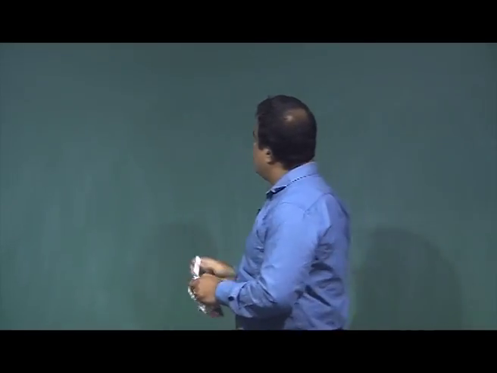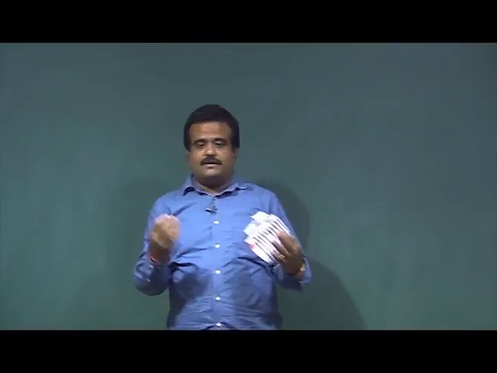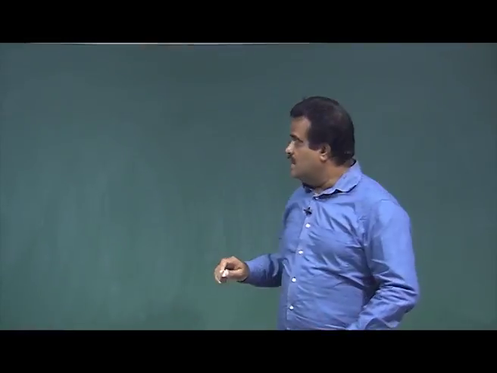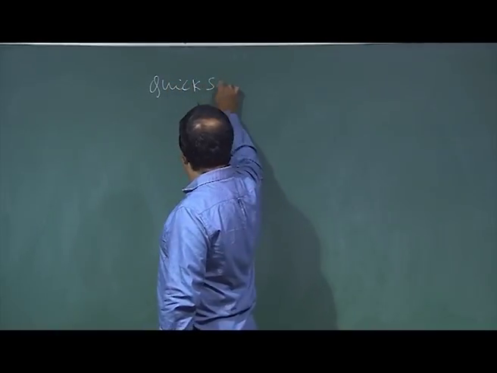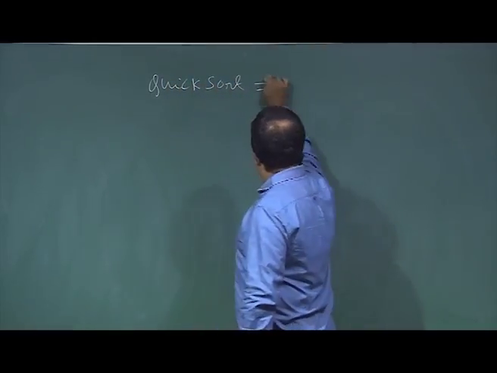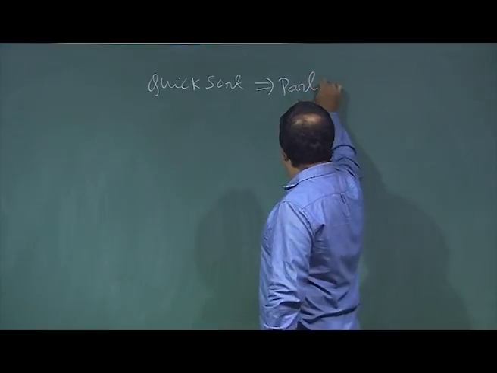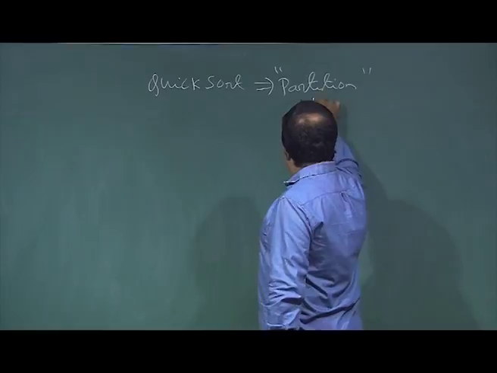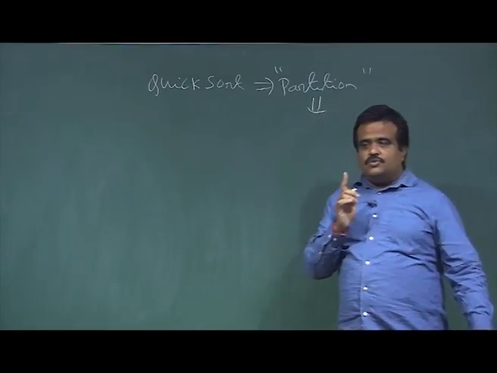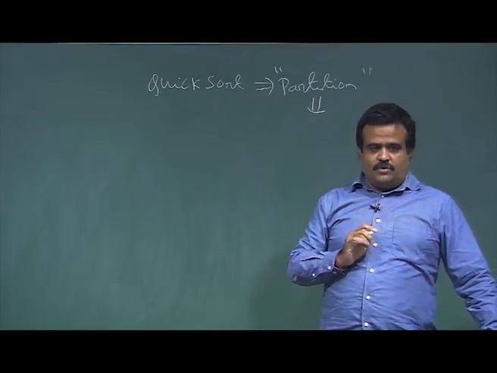Suppose we have a quick sort version, and we have the corresponding partition algorithm, the partition subroutine. Now in our partition algorithm we choose the first element as a pivot.